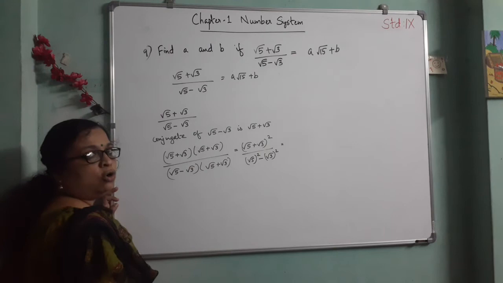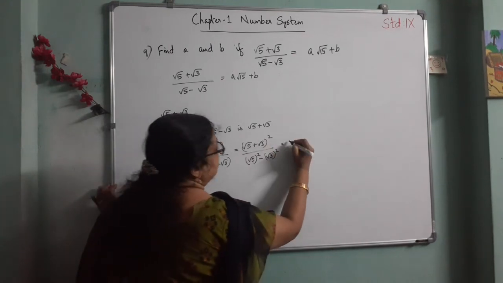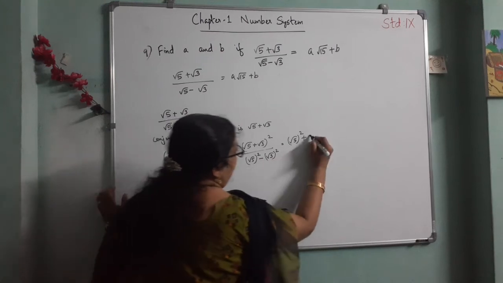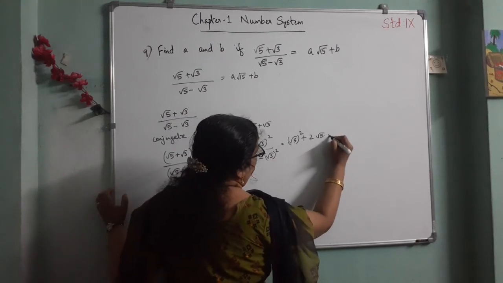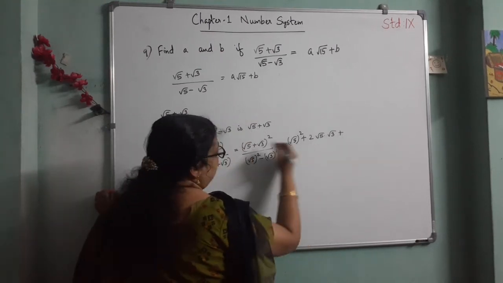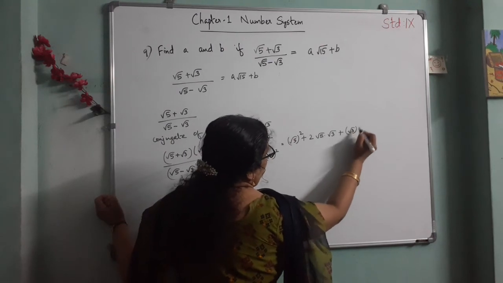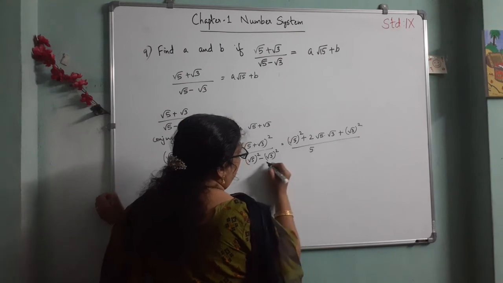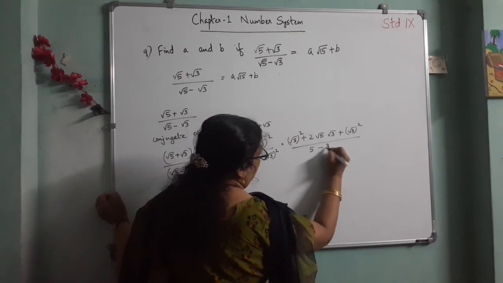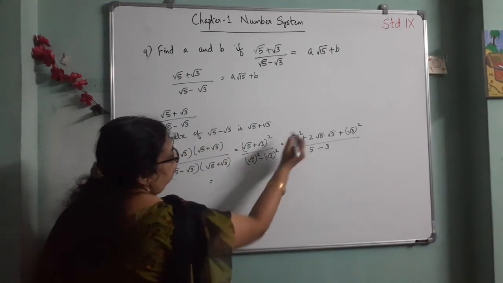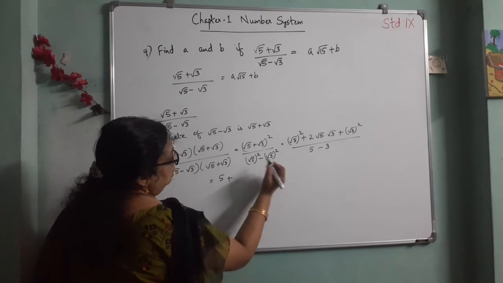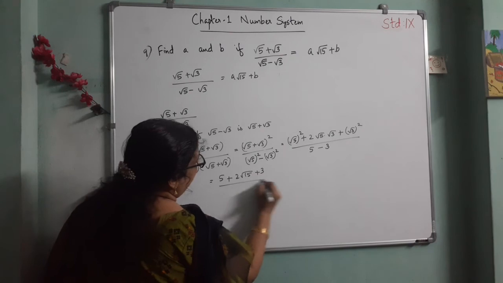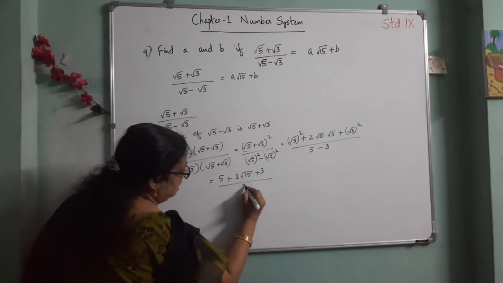This a plus b the whole square form, that is a square, root 5 square, plus 2ab, 2 into root 5 into root 3, plus b square, root 3 square, divided by root 5 square is 5 and root 3 square is 3, 5 minus 3. So root 5 square is 5 plus 2 root 15 plus 3, divided by 5 minus 3 is 2.